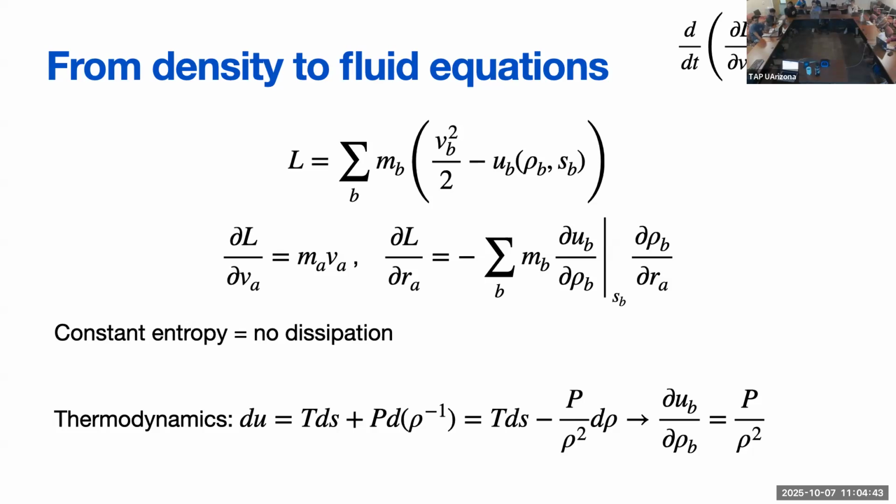So the entropy can be different at different spatial locations. Right? If that is the case, then for the del L over del R equation, would you also need a derivative of the entropy with respect to the R coordinate? Yes. Okay.